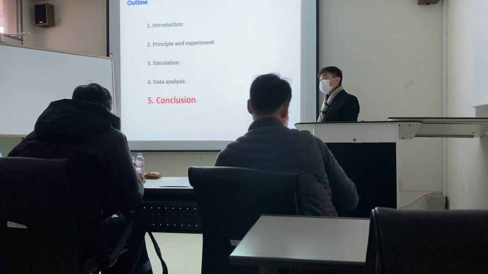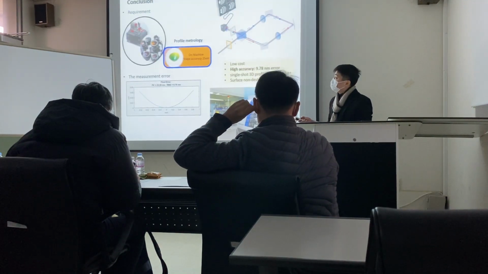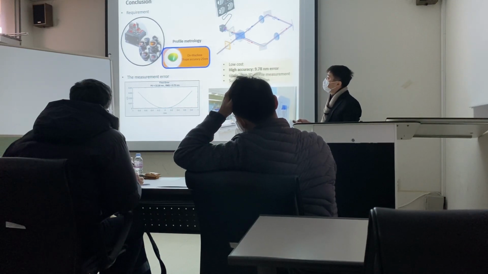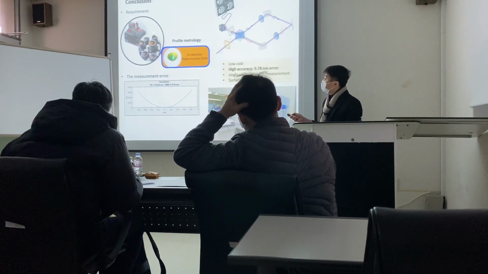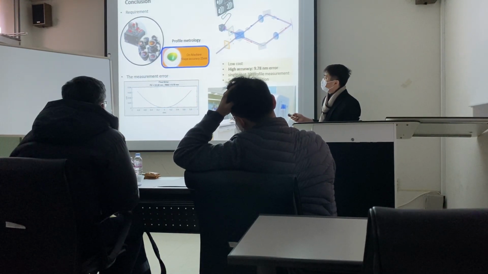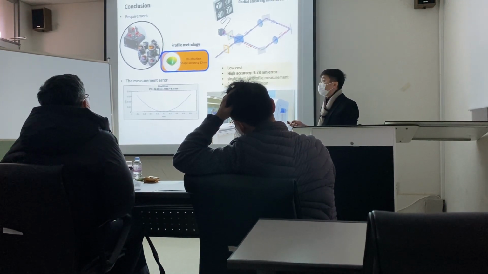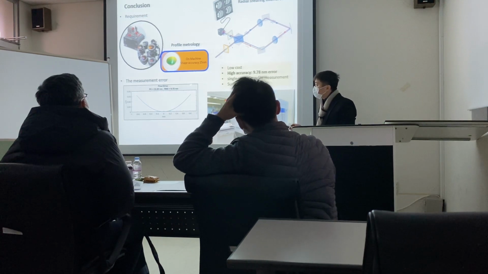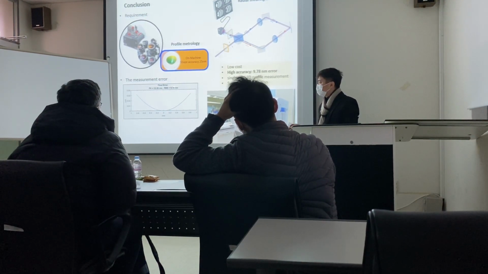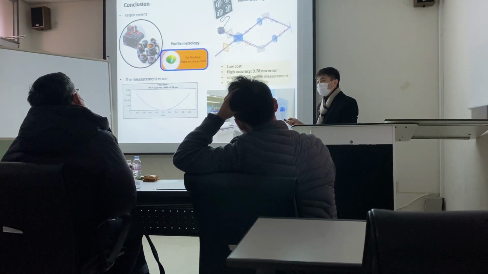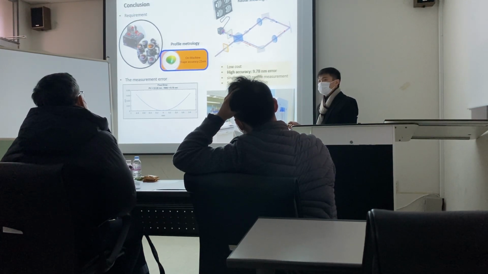So the final part is the conclusion. As I talked about in the first slides, the requirement for the machine in our effort in the profile methodology is measuring the machine parts with an accuracy of 25 nanometers. So for the measurement result, we hit an RMS error of around 10 nanometers, so it meets the requirement in the project.